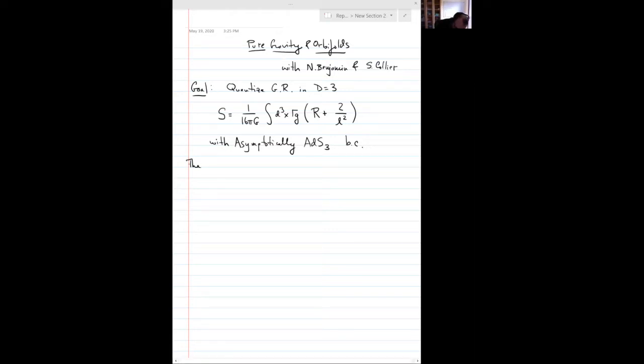So the asymptotic symmetry group, and here I should really emphasize it's the asymptotic symmetry group, is given by the Virasoro algebra with a central charge which is determined by this cosmological constant, or the radius L, along with Newton's constant.